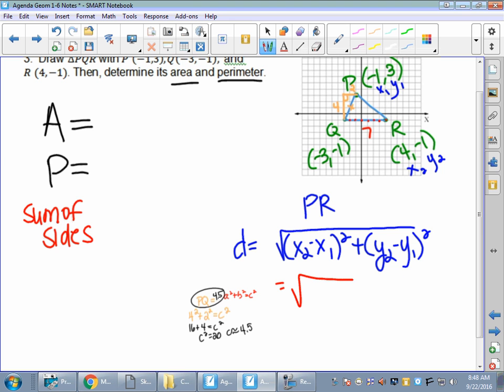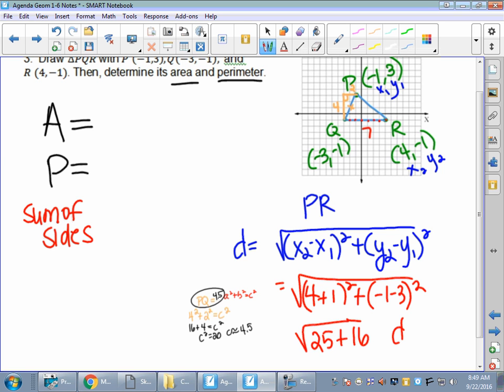So that means I would have a 4 minus -1. I'm going to combine that and make it 4 plus 1. I would have a -1 minus 3. So that means I'm going to be taking the square root of 25 plus 16. Am I going too fast? 4 plus 1 is 5, squared is 25.